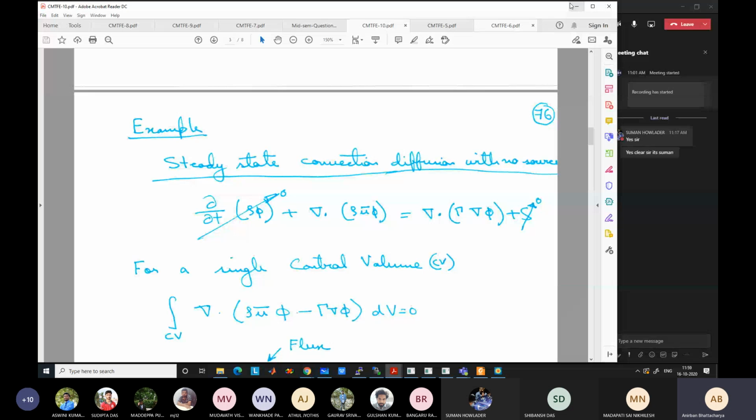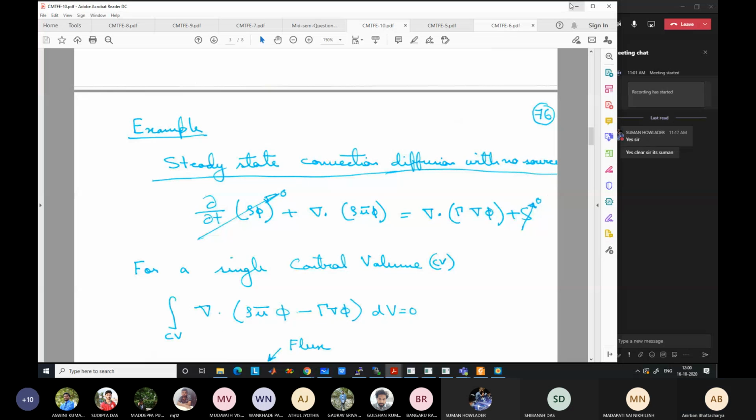So you are integrating over this control volume and you are getting some equation. That equation directly cannot give you the value at this grid point at the center of the control volume. It's just an equation which has the value at the grid point, but it also has neighboring grid point values, similar to the finite difference equation, like the example that I have given in the exam to you.